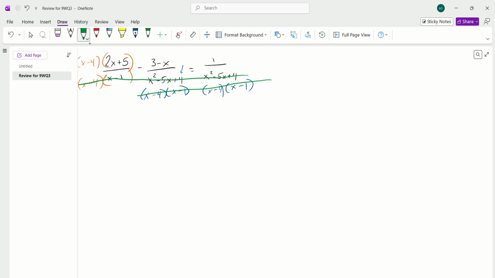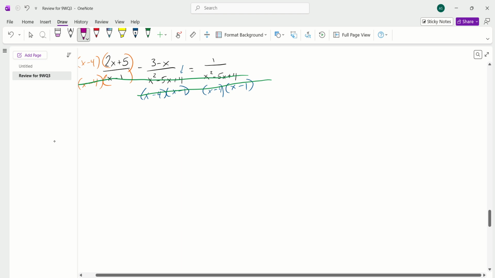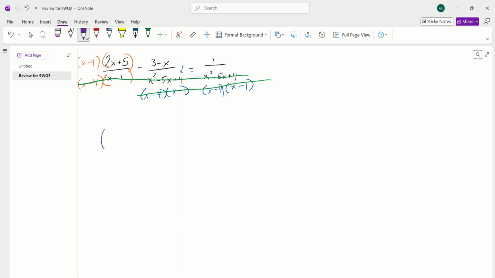So you can cross it out. Then I will rewrite my numerator. And I have a plain old equation. So you're going to think, what can I do to this equation? And if you're thinking distribute, you would be right.